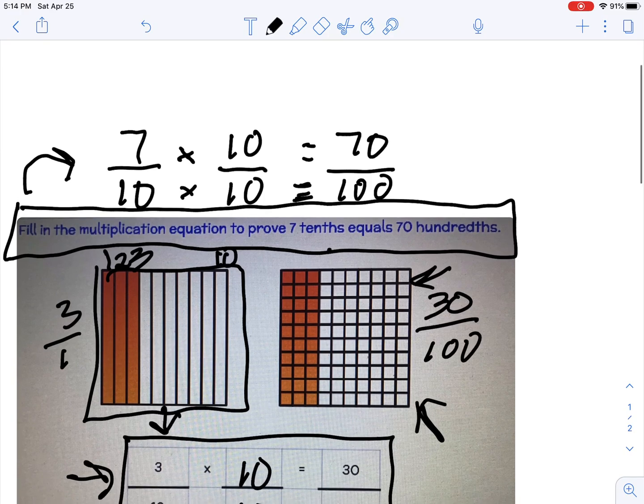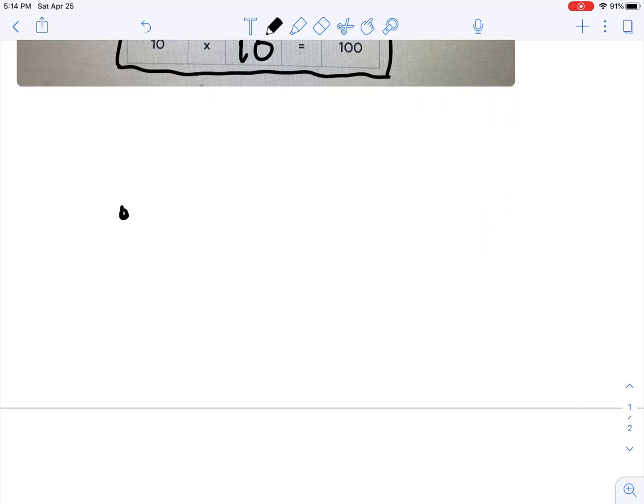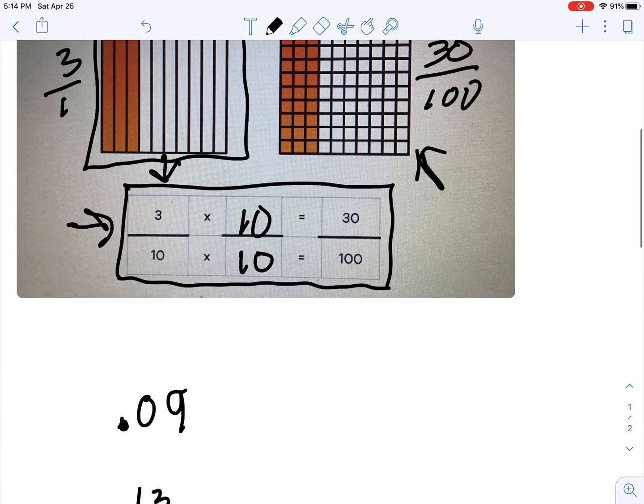So what you're going to do in this lesson is you're going to review making decimals into fractions and fractions into decimals.